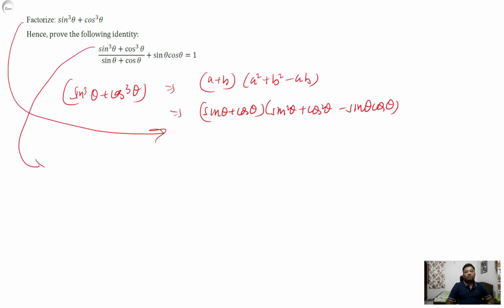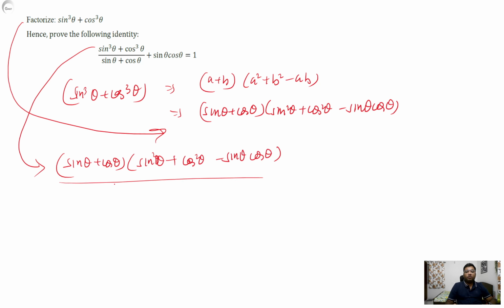And now we are going to solve this thing. We have sine cube plus cos cube in the numerator, so we will replace it with sine plus cos times sine square plus cos square minus sine cos, whole upon sine theta plus cos theta and then plus sine theta cos theta.